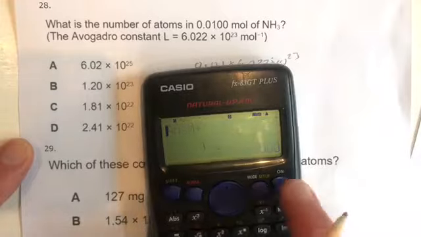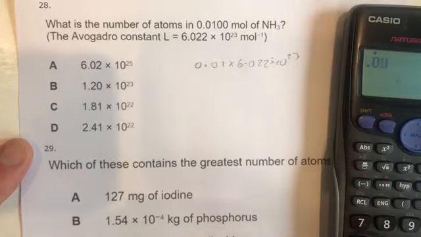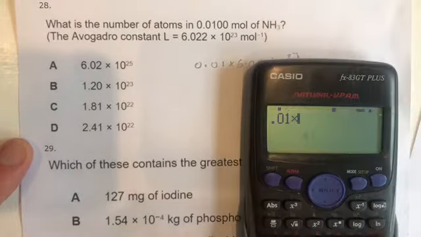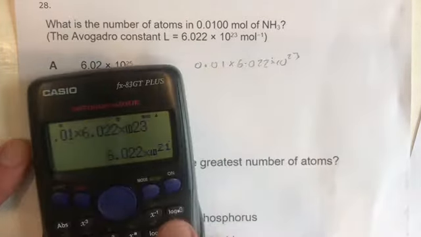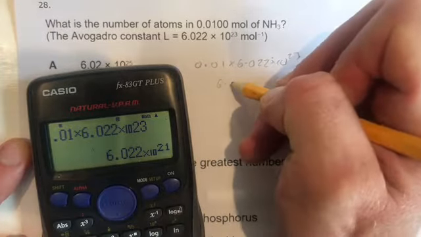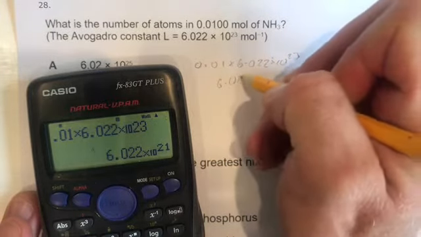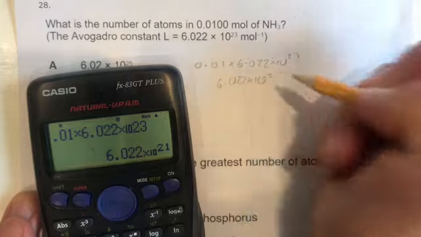That's your first step, probably. You can do this in a different order, but this will do. Times 6.022 times 10 to the 23. So that's the number of molecules of ammonia. 2 times 10 to the 21.